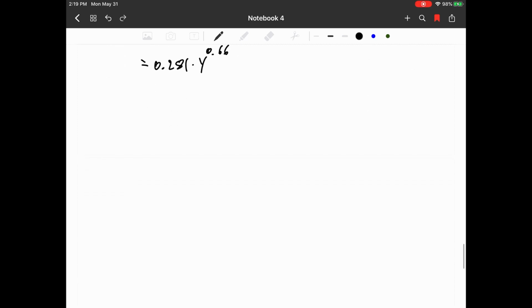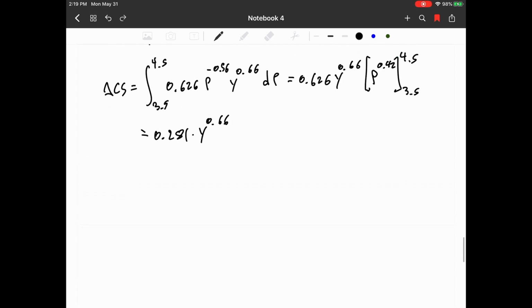So just looking at a range of incomes, the first thing we can do is look at what happens. Let's plot change in consumer surplus on the vertical axis and y on the horizontal axis. We want to see what happens when we change incomes. So we're asking the question, how does this tax policy affect different people at different income levels differently?